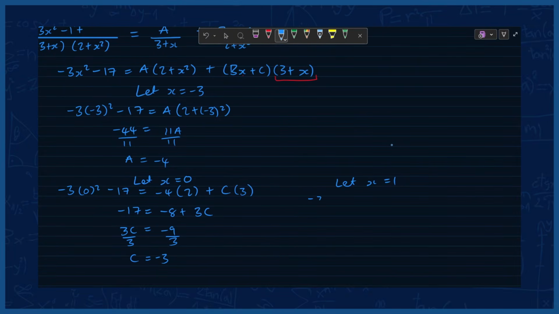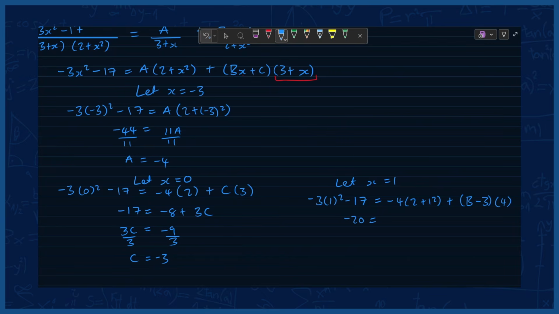So it becomes negative 3 times 1 squared minus 17 is equal to a, which is negative 4, times 2 plus 1 squared, plus b times 1 plus c, which is negative 3. So negative 3 times 3 plus 1, so that's 4. I've got negative 3, negative 17, that's negative 20.